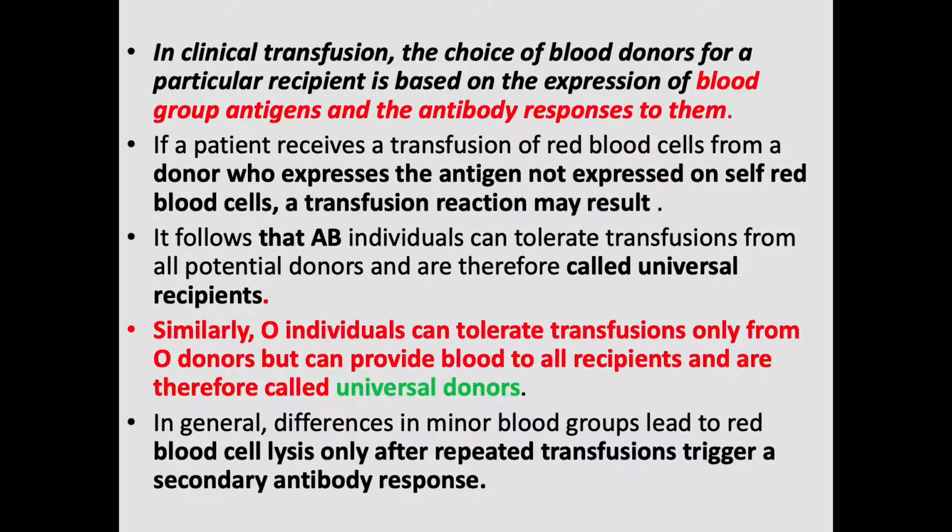Normally, all you need to know here is that patients with AB blood are known as universal recipients because they can receive any type of blood. Of course, I'm excluding rhesus type here, and 0 individuals can be universal donors.